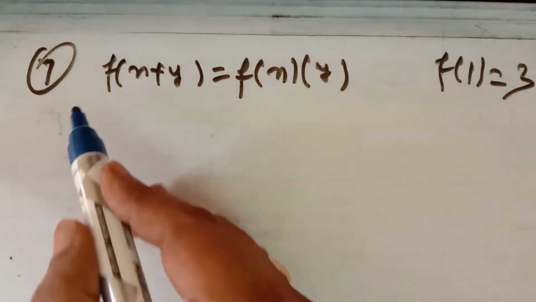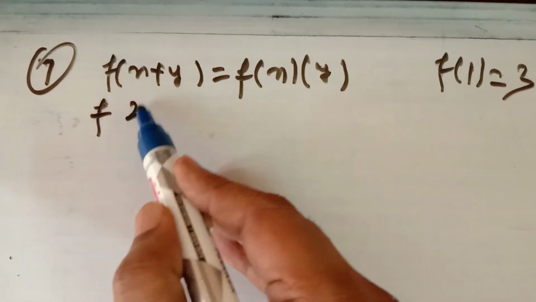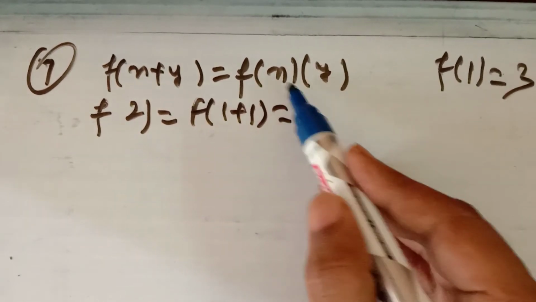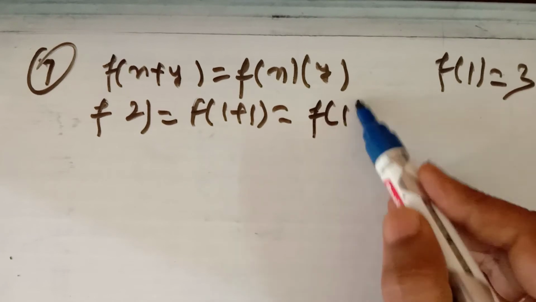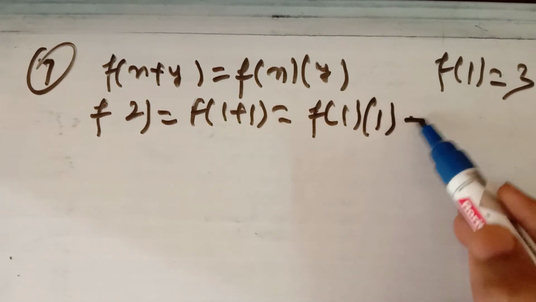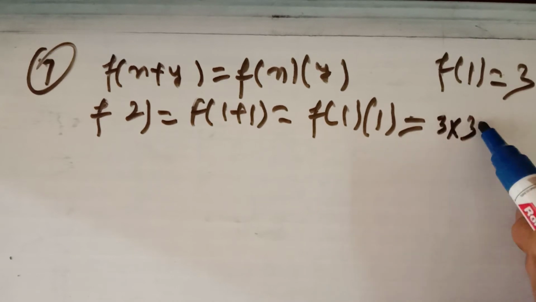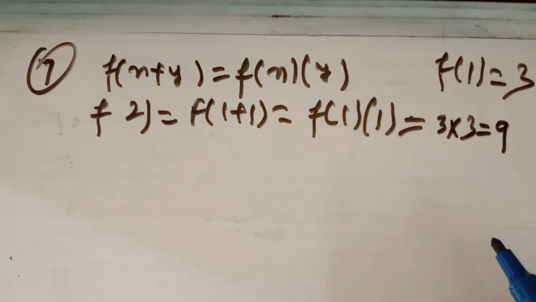So f(1) is given. Now f(2) you can write as f(1 plus 1), which is equal to f(x) into f(y), that is f(1) into f(1), by using this identity, and that is 3 into 3, that is 9, which is 3 square.